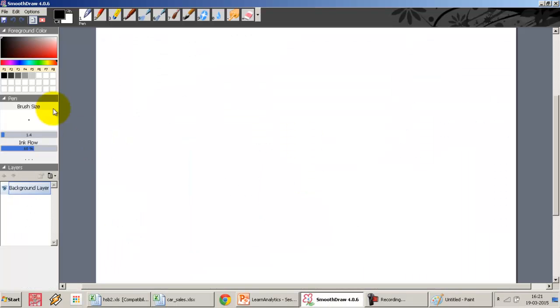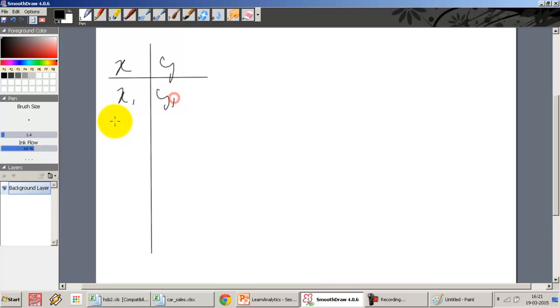What this is essentially telling us is that we have a data set where the variables are x and y, and each observation is a paired observation. So I have x1, y1, x2, y2, all the way till xn, yn.